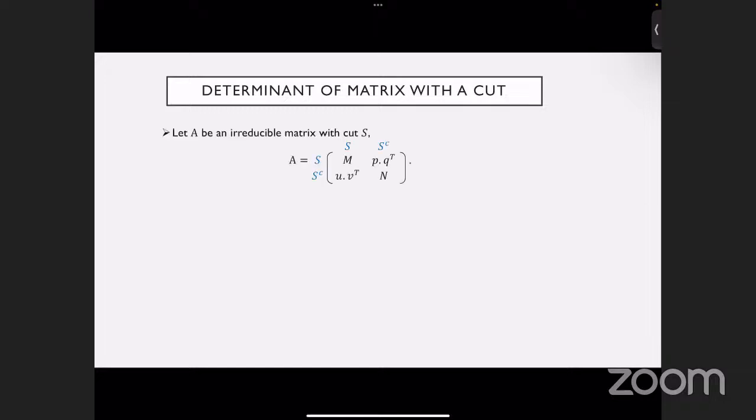So suppose A is an irreducible matrix with cut S. Here, the text in blue represents the index of rows and columns. And since S is a cut, this submatrix has rank 1. These two submatrices have rank 1 and can be written as a dot product of two vectors.